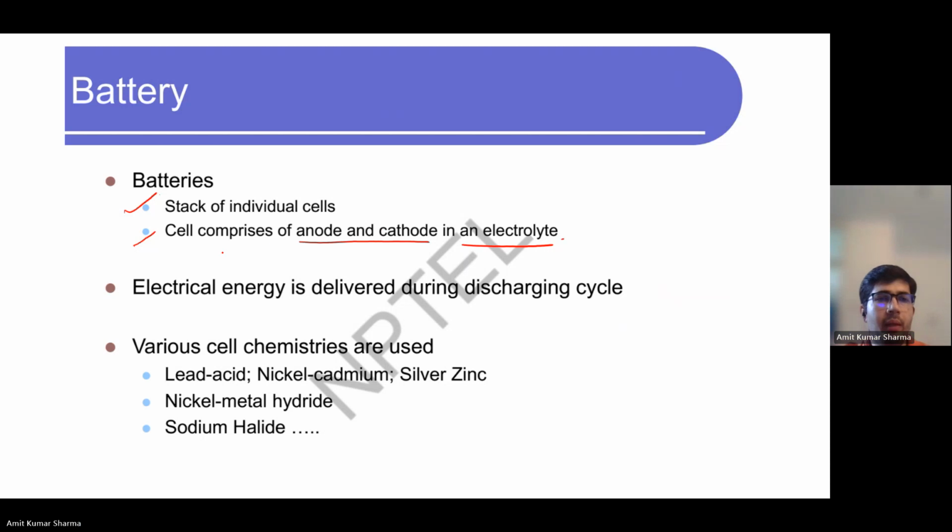Okay. And the electrical energy is delivered during the discharging cycle. And various cell chemistries are used, like lead acid battery, nickel cadmium battery, silver zinc battery, nickel metal hydride battery, and sodium halide. So these are different types of cell chemistries that are used.